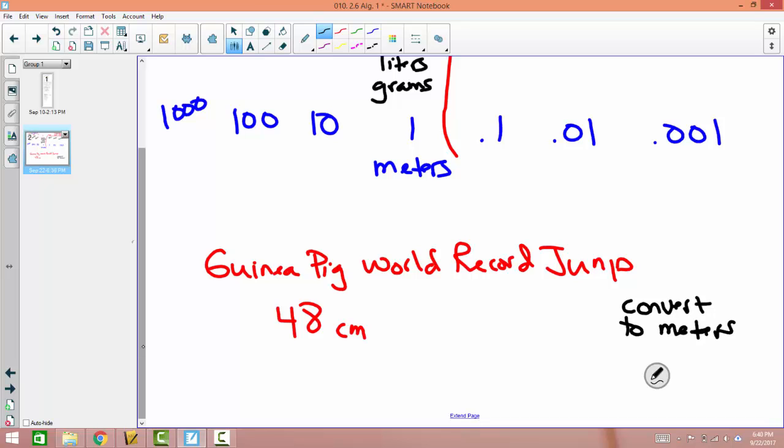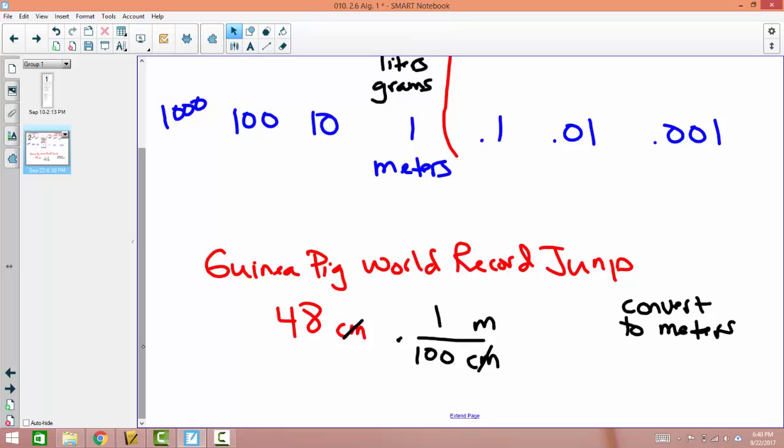There are 100 centimeters in 1 meter. So when we multiply this conversion, the unit we want goes on top. And there are 100 centimeters in 1 meter.